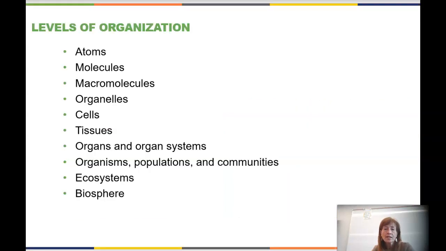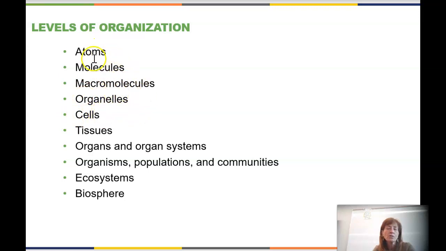Now, levels of organization. When we talk about living things, in truth, we usually don't start at atoms, molecules, and macromolecules. We usually start somewhere around the level of the cell, because we say the cell is the basic unit of structure and function. But that's not to say that the cell isn't composed of all of these other things.